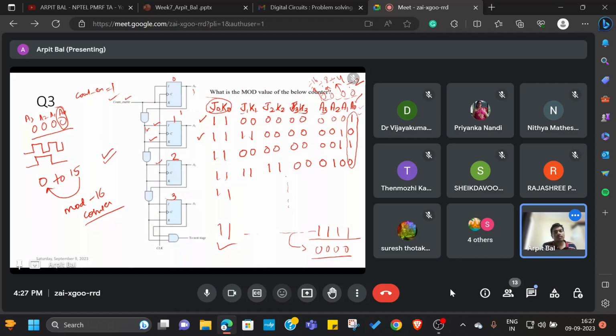So A0 will toggle after each clock edge, A1 will toggle after each 2 clock edges, A2 will toggle after each 4 clock edges, right? And this is a practical application for using it as a frequency divider. So counters are often used as a frequency divider.